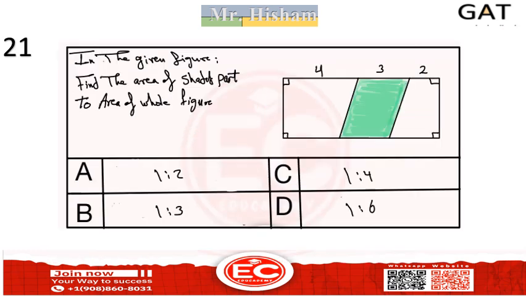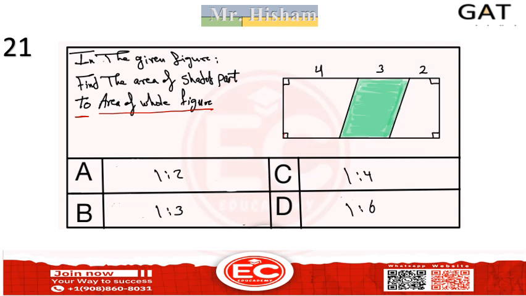In the given figure, find the ratio of the area of the shaded part to the area of the whole figure. As I said, I prefer to use the division of the shape into equal parts so you can find the area.